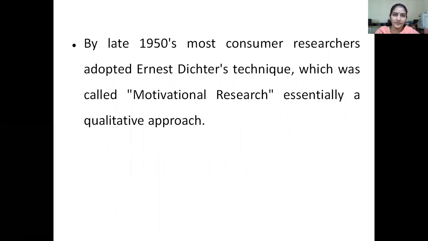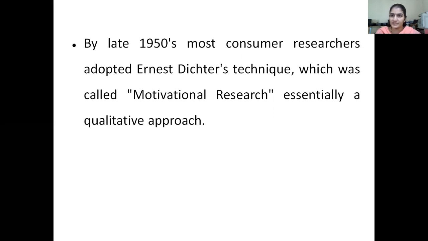By the late 1950s, most consumer researchers adopted Ernest Dichter's technique, which was called motivational research, essentially a qualitative approach. In the late 1950s, most of the researchers who were doing research on consumer patterns and consumer behavior adopted this one technique, named Ernest Dichter's technique, titled motivational research.